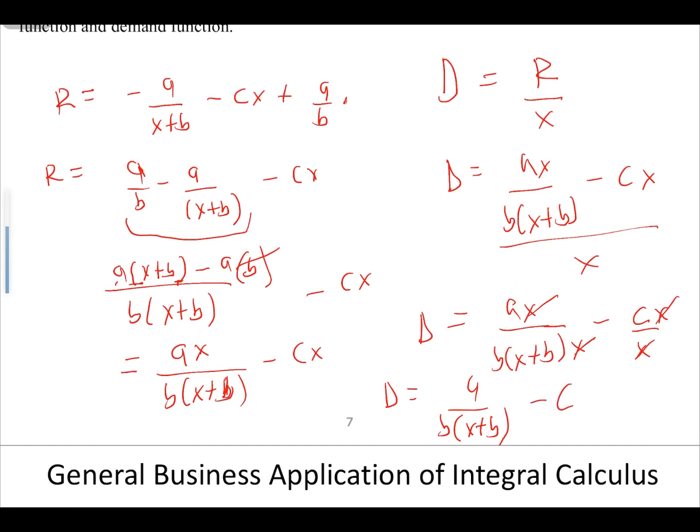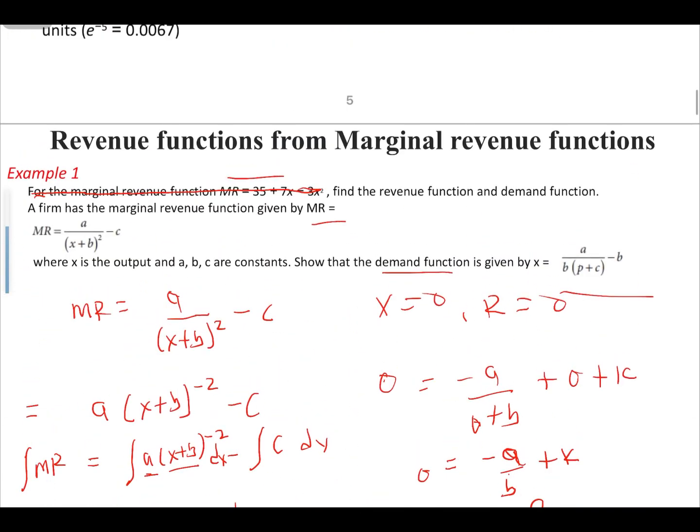So let's get back into our question and see what they are asking for. In the question they are saying that we should show that our x equal to a over b into bracket p plus c minus b. That means that our demand function is being represented as p, so we will change it as that as well.